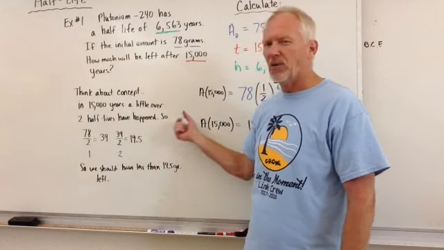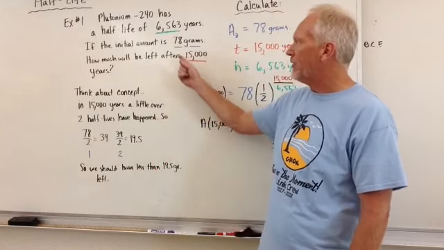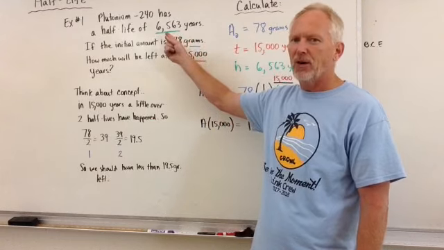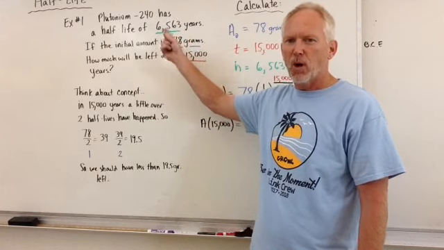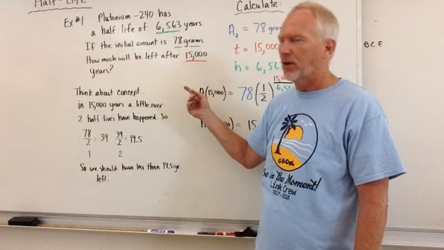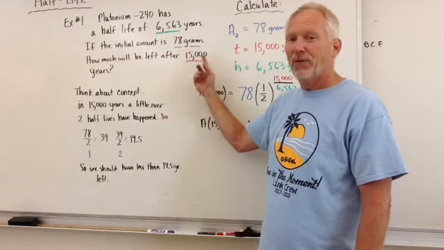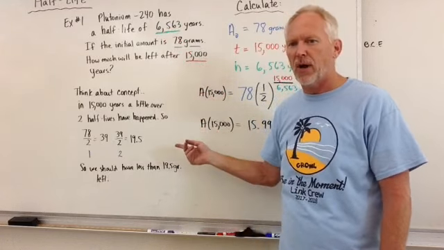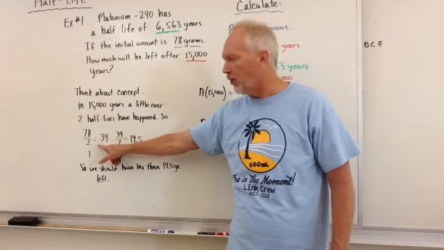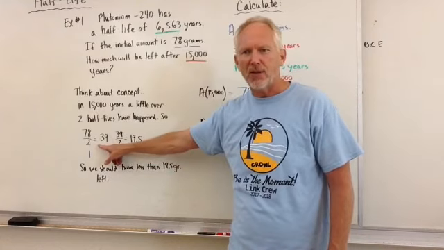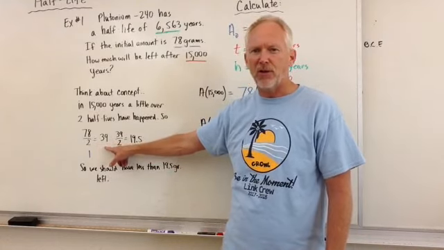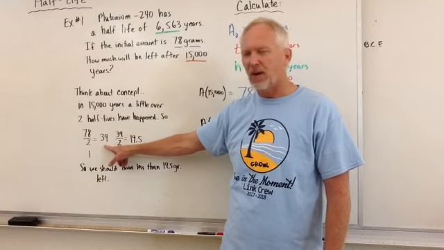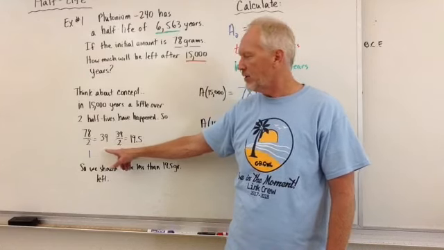So what we have to think about is, well, there's at least 2 half-lives, because 6,500, well, 6,000 is 12, so we're talking about 13,000 years. But we're going 15, so we're going a little bit more than 2 half-lives. Well, if we took the first half-life, we take 78, divide that by 2, that's 39. So now we got 39 grams.